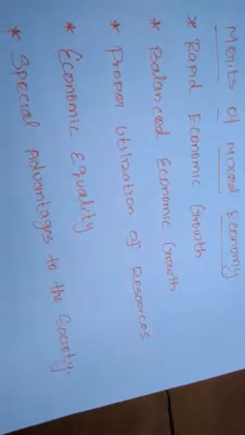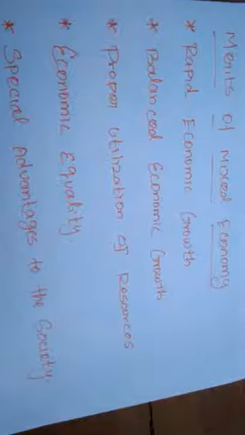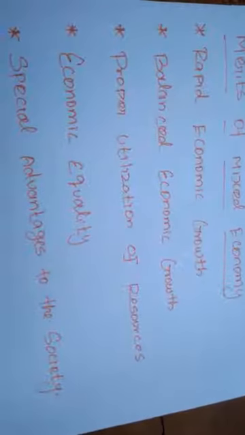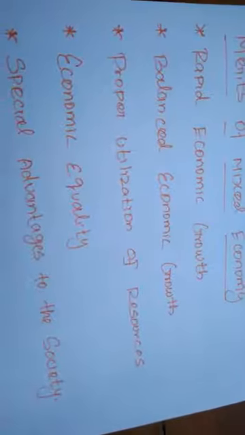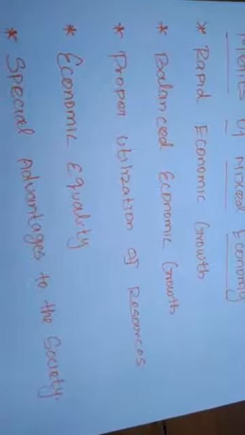Another merit of mixed economy is proper utilization of resources. All the resources will be used in a proper way. Proper way means, if the common natural resources are used by the private and the public sector, both sectors will use the natural resources properly. But in capitalism, it is not like that.